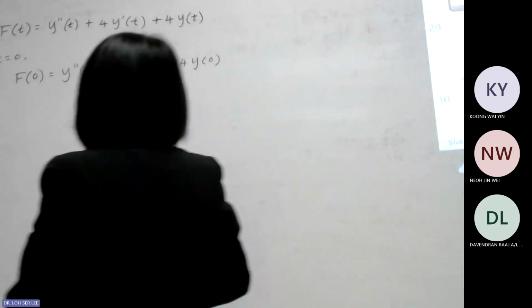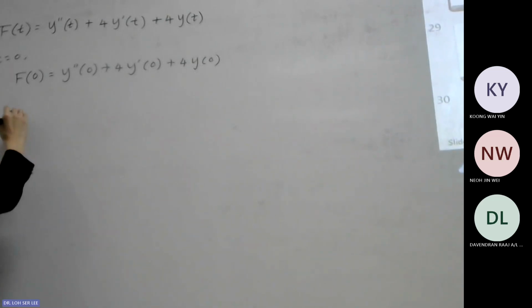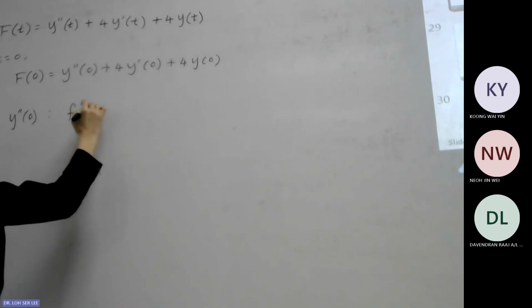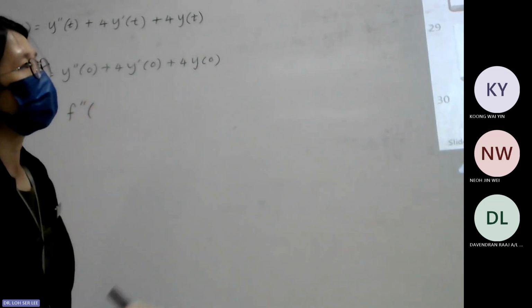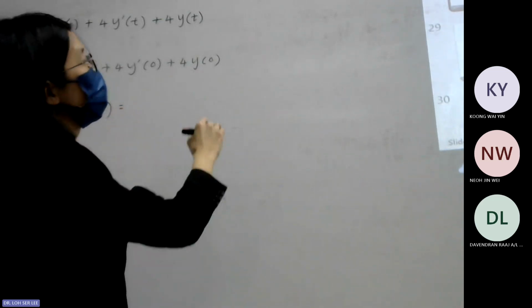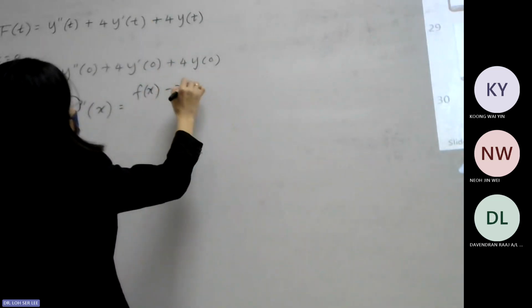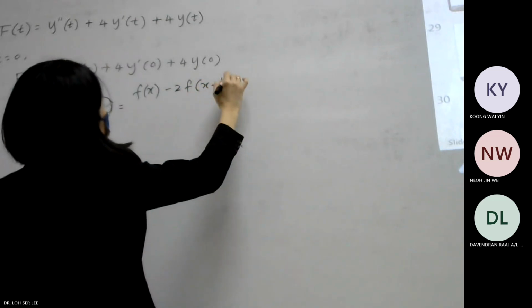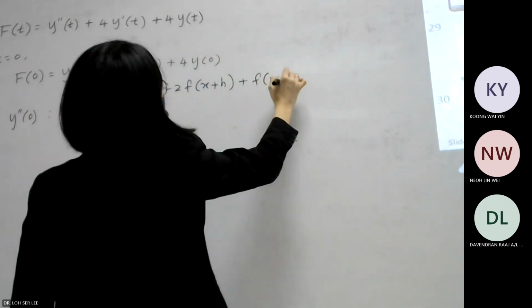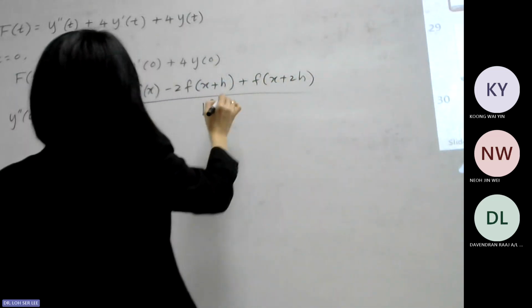To get y double prime 0, we use this f double prime, the first formula: f(x) minus 2 f(x+h) plus f(x+2h), divided by h squared.